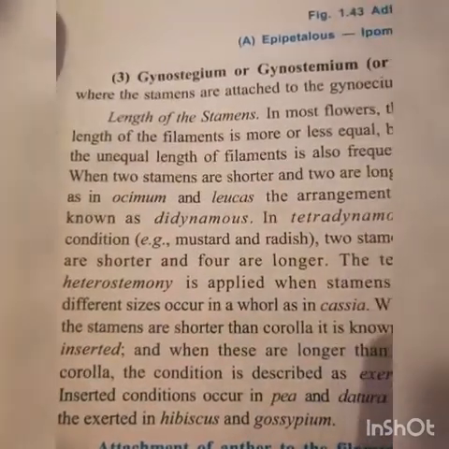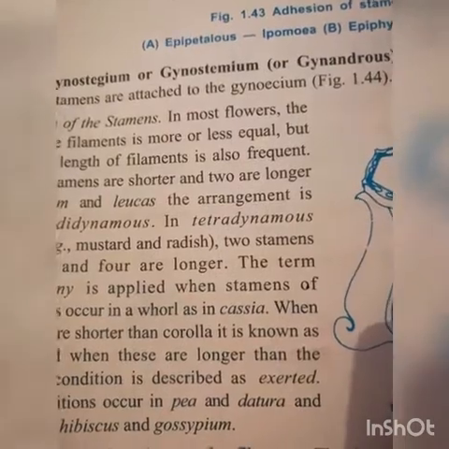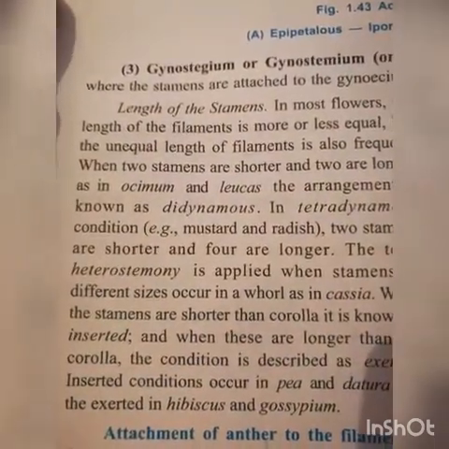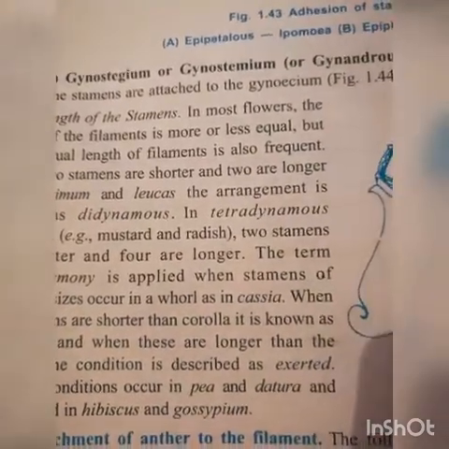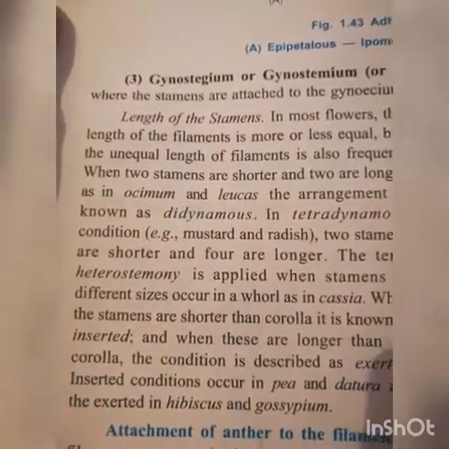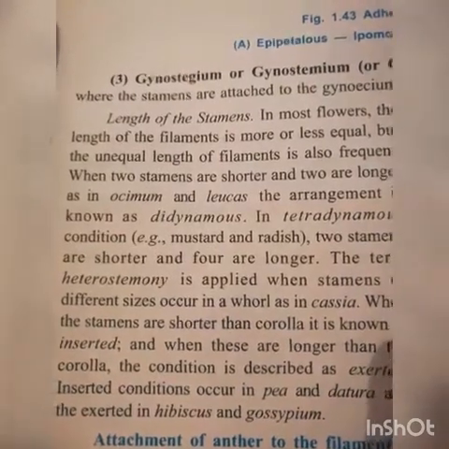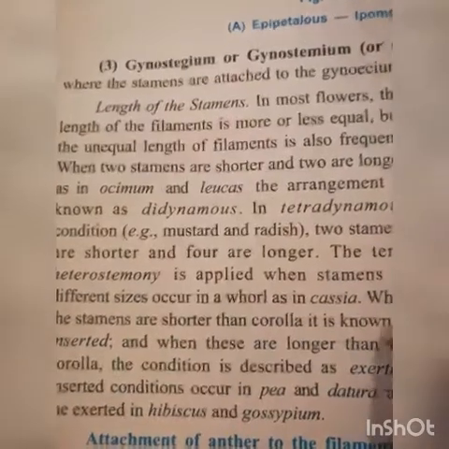When two stamens are shorter and two are longer, as in case of Ocimum and Leucas. The arrangement is known as didynamous, means if there are four stamens, two are shorter and two are longer, this condition is known as didynamous.